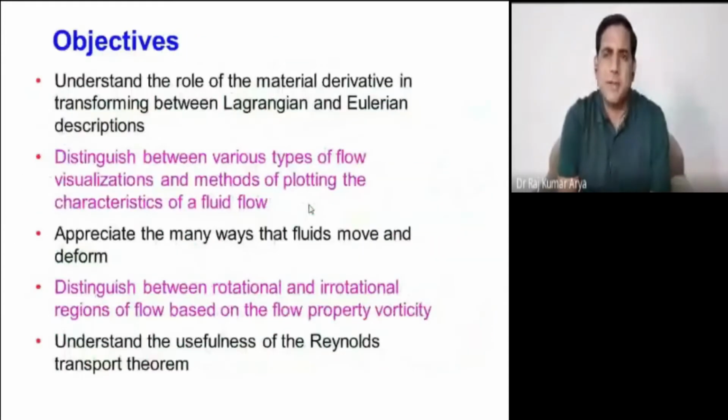The objective of this chapter is first to understand the material derivative, and transforming between the Lagrangian and Eulerian descriptions. Material derivative means all your laws that have been framed, like the first law of motion, second law, third law.